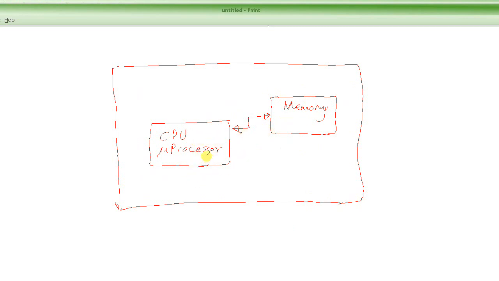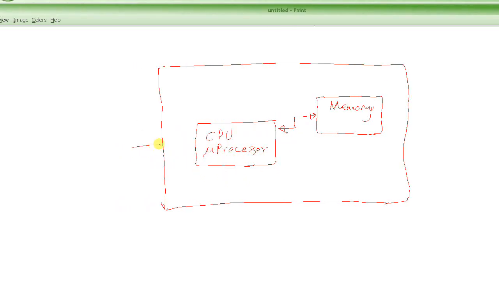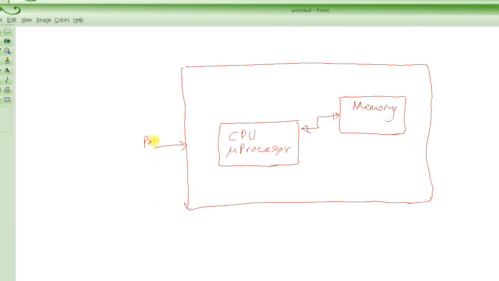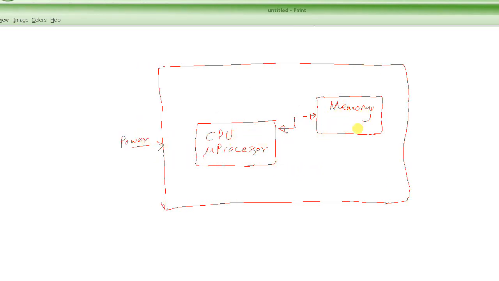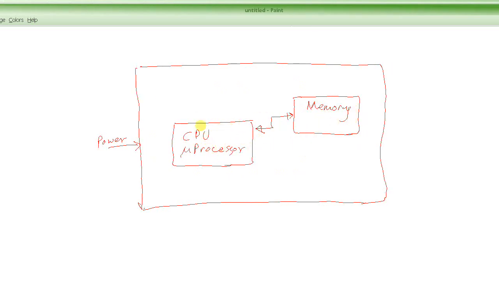You have to plug your computer in and apply power for these components to start working. As soon as you apply power, they both become alive and capable of doing what they are supposed to do. The CPU becomes capable of executing programs and fetching data, and the memory becomes capable of storing information, including programs and data.